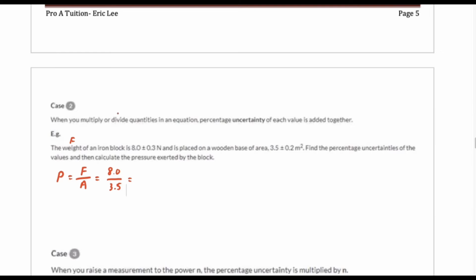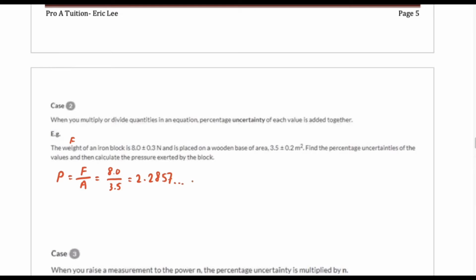Let me put in more decimal places for now: 8 divided by 3.5 is 2.2857 and so on. There are many decimals.